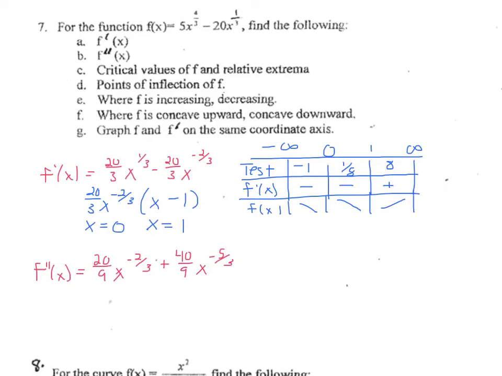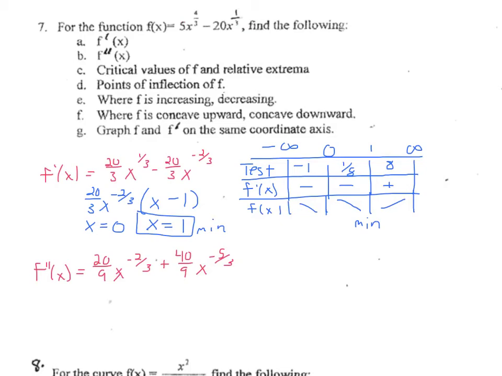So it looks like I have one minimum at x equals 1. And then to find my POIs, I'm going to set that equal to 0.